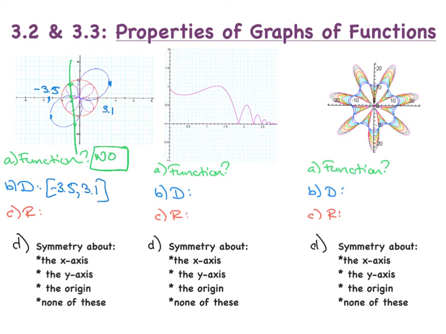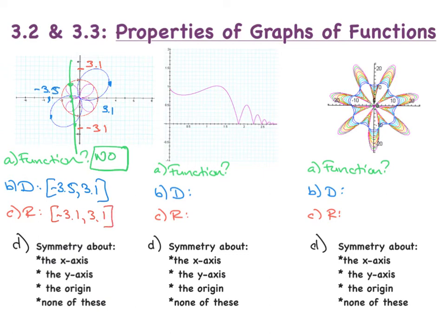Apologies for guesstimating. The range of that function, how high and how low does that get? Okay, so my eyes are old. I would say probably 3.1 is at the top, and at the bottom, -3.1. So -3.1 to +3.1.